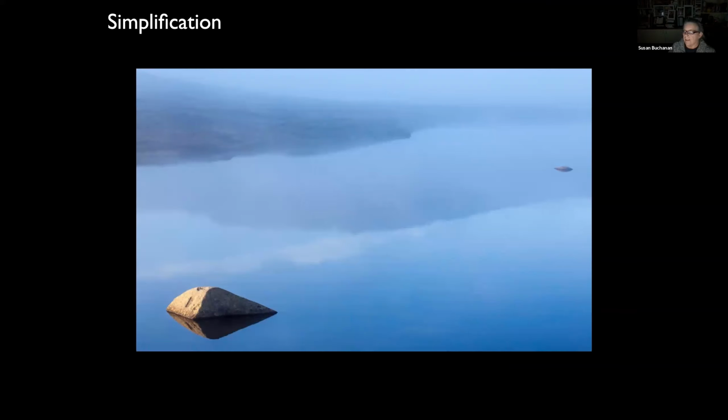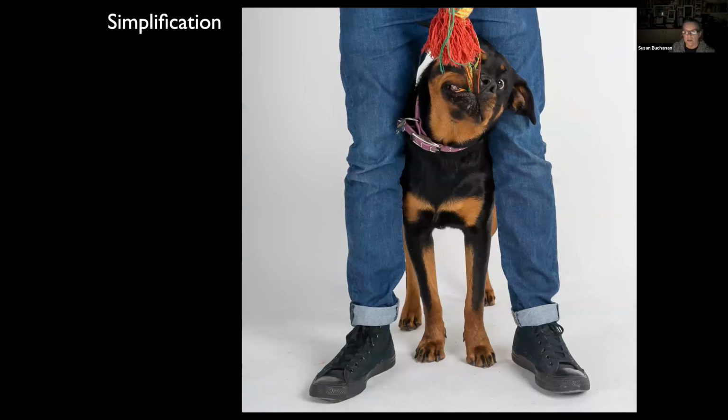All done in camera at this point. And the next one is more about what's been left out. So I've used it as simplification as well. I don't need to see the rest of the body because the relationship is all contained within that part of the image.